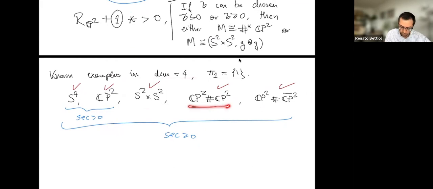CP2 connected sum CP2 by the result I just discussed. And CP2 connected sum CP2 bar actually has scalar metrics with positive Ricci curvature, so the earlier works of Goethe-Semmelmann apply. It kind of completes the picture among known examples. Everywhere you have positive sectional curvature, you have an open set with area rigid metrics. Everywhere you have non-negative sectional curvature, you have extremal metrics there as well.